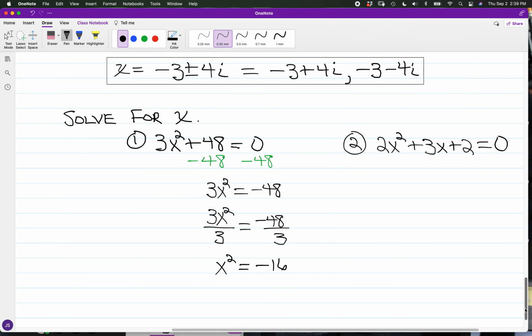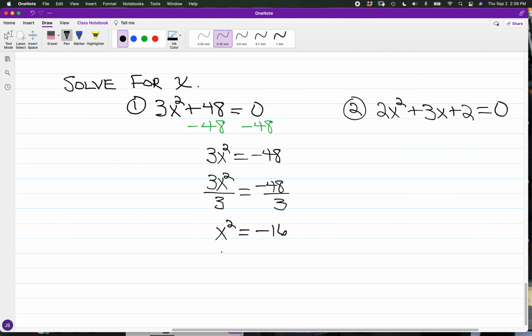With the square root property of equality, we have x is equal to plus or minus the square root of negative 16. Now while the square root of 16 is 4, that of negative 16 is going to be 4i.